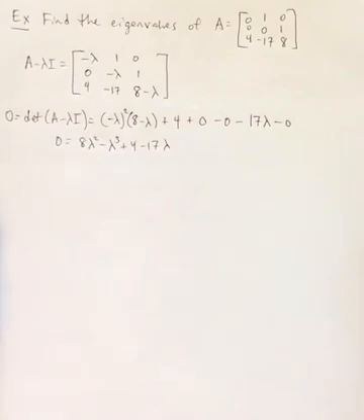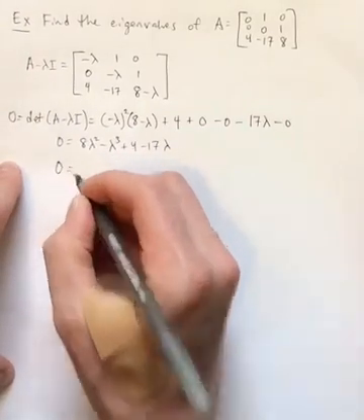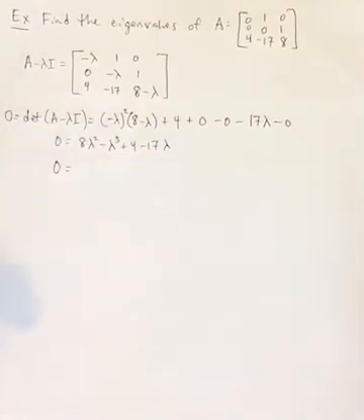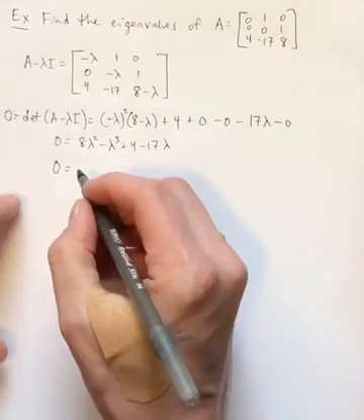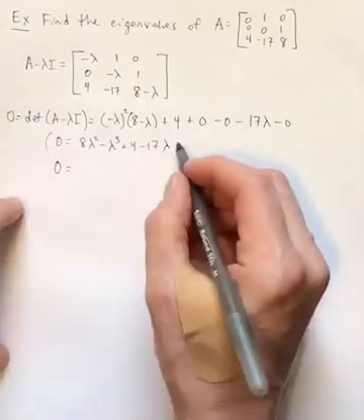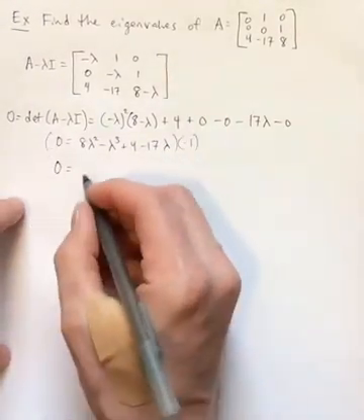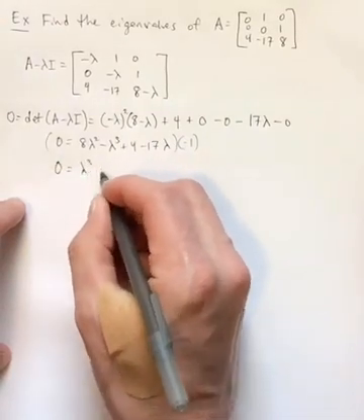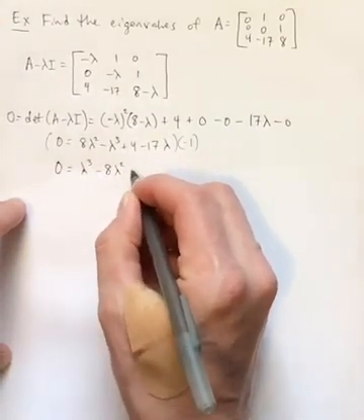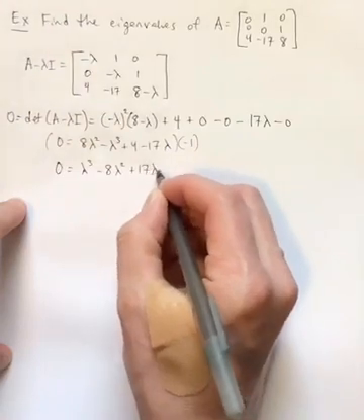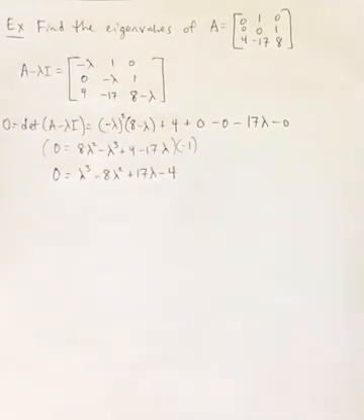What I'm going to do is rewrite this so that the powers of lambda descend, and also multiply by negative 1 to get the leading coefficient to be positive. So that's the equation that I have to solve.